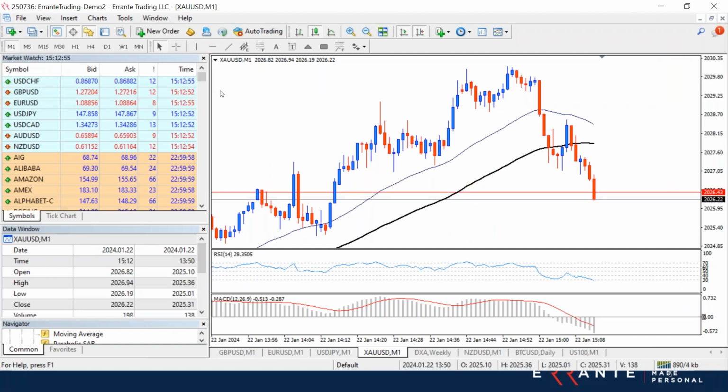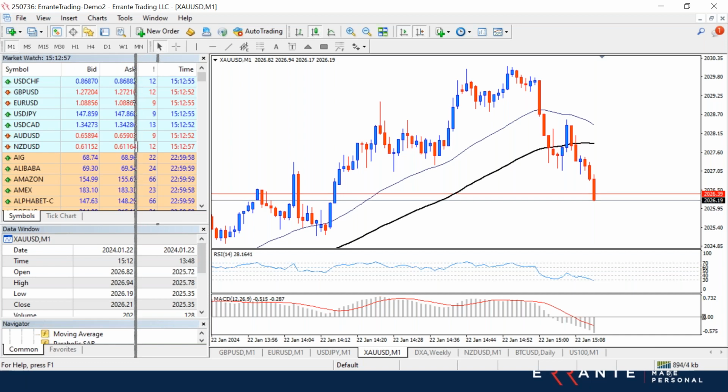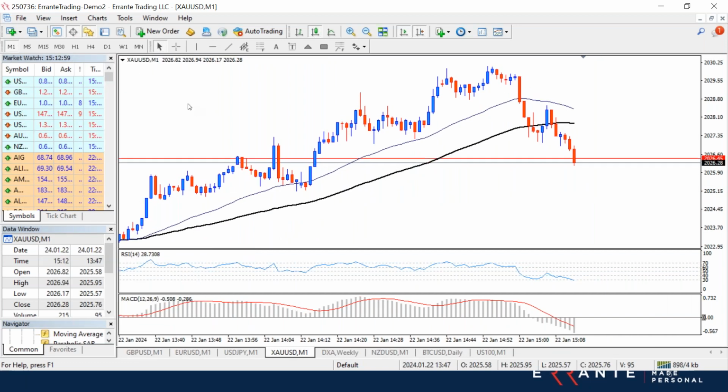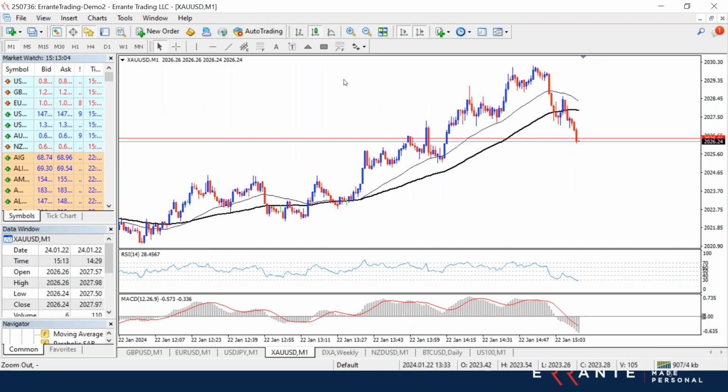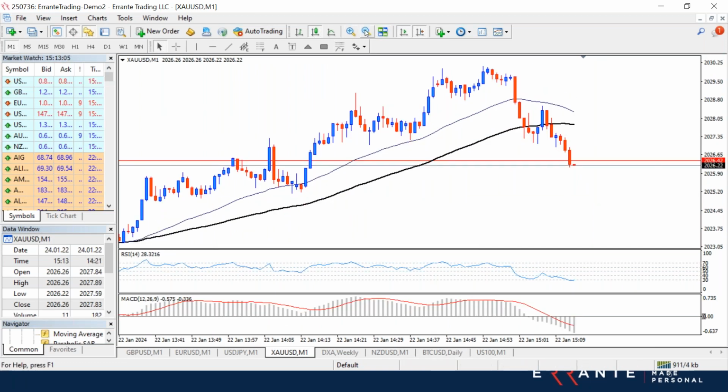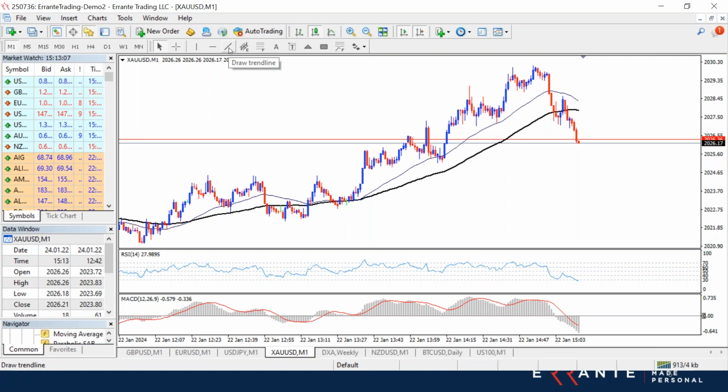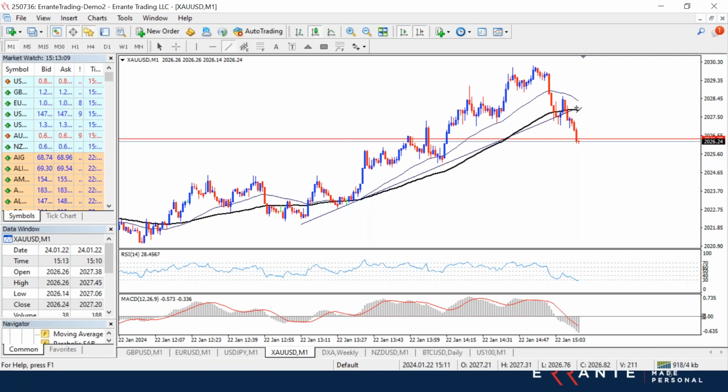For example, here on my MT4, this is a chart of gold on 1 minute. By tops and bottoms, we mean these levels that can lead us to identifying the market direction.